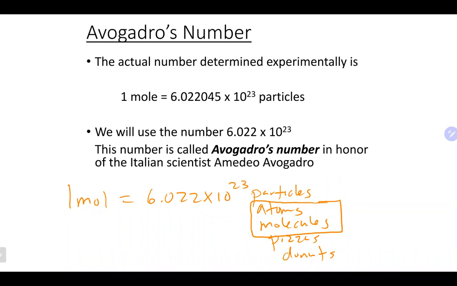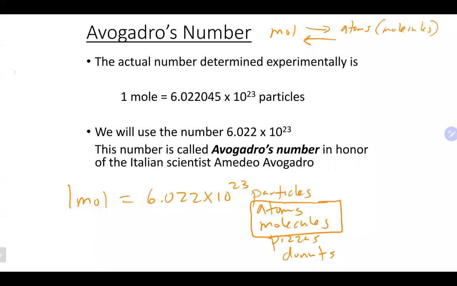So what do we use this for? It is really a conversion factor, to go from moles to atoms or molecules, or backwards, atoms or molecules back to moles. And you can use it like dimensional analysis, as a conversion factor.